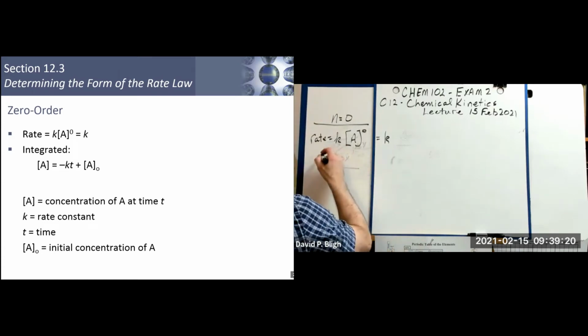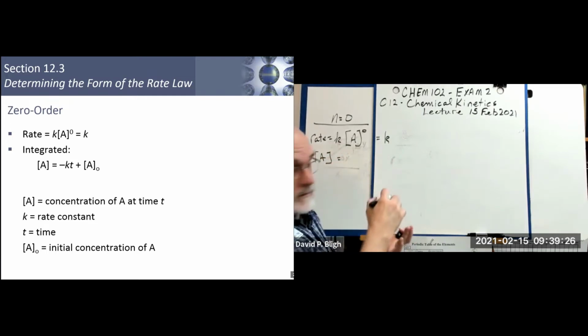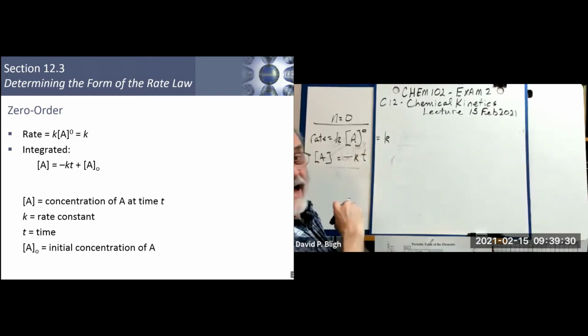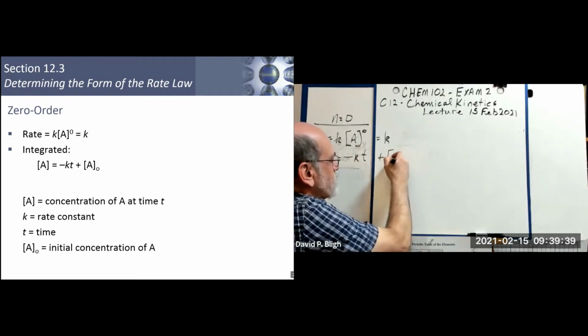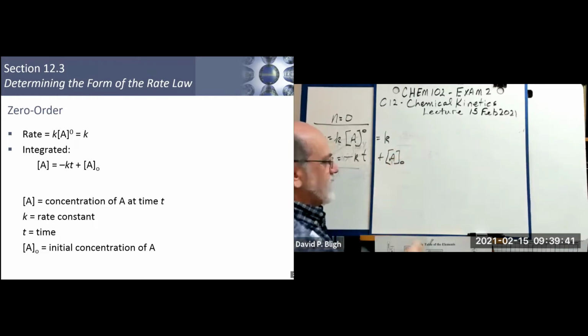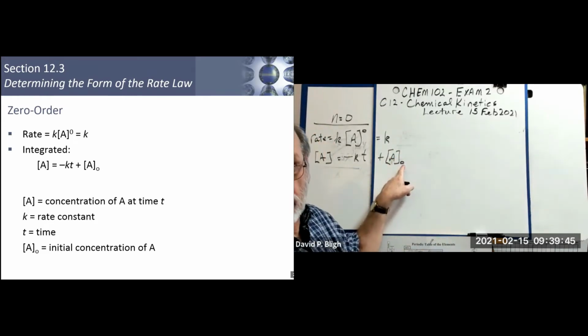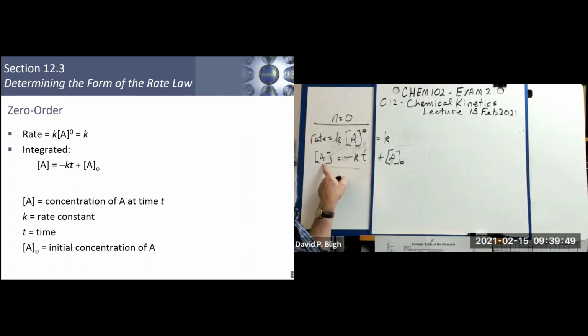So the integrated rate law will then be the concentration of A is equal to negative K times time, and that K is the same K as this K, plus the initial concentration. Right? That's what that little zero down here at the bottom, that's your time zero. That's when you start. So that concentration, and this is the ending concentration over here.